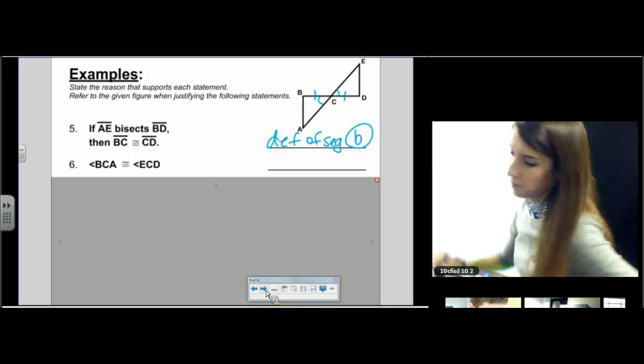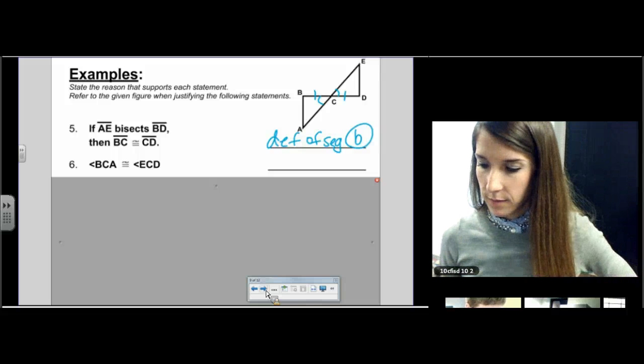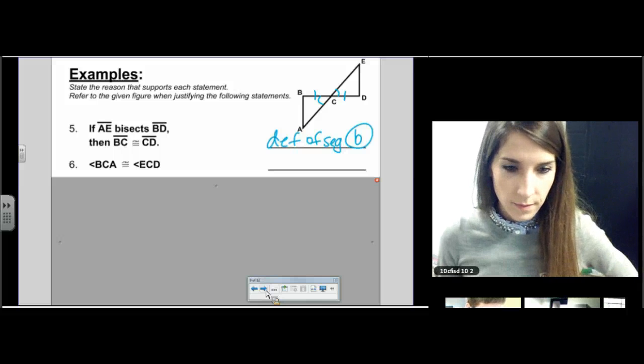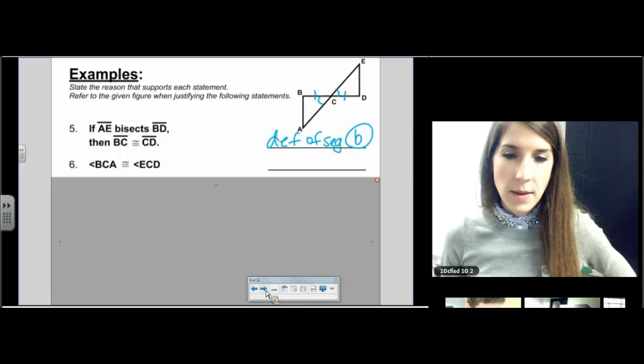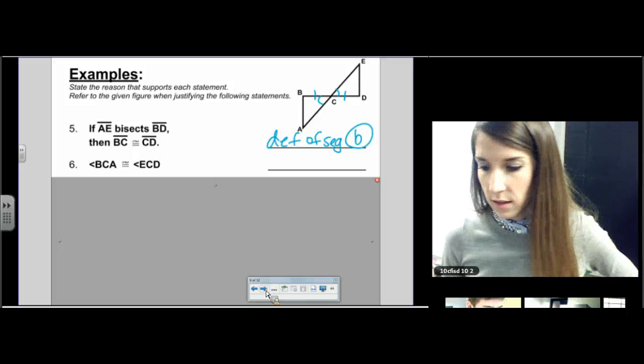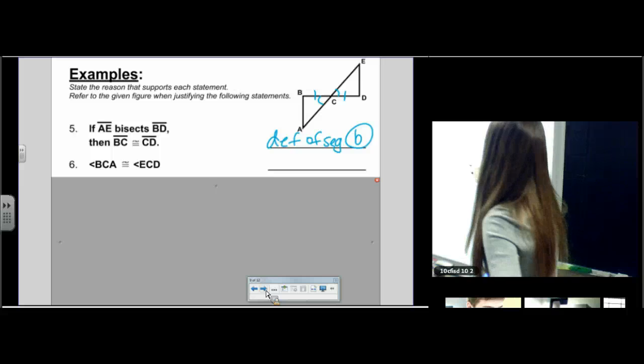BCA is congruent to ECD. What allows us to say that BCA is congruent to ECD? Good. Number 27.